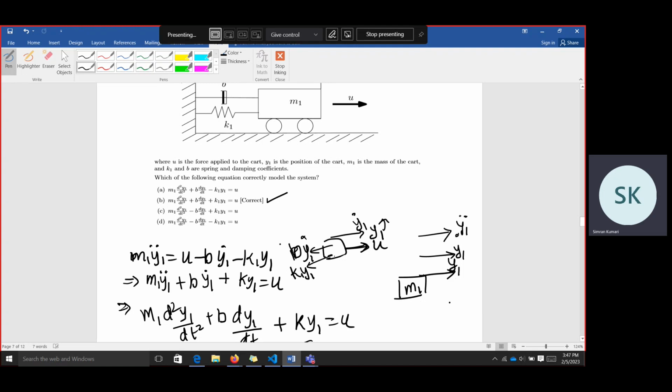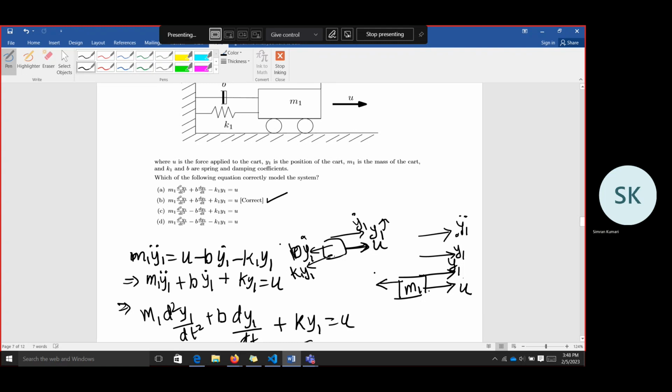We are just trying to find out the dynamics of the system. Then we have this force which is being applied, which is U. Because of damping, since this mass is moving in this direction, it will resist the motion and dissipate the energy. Basically it will dissipate the kinetic energy of the mass.